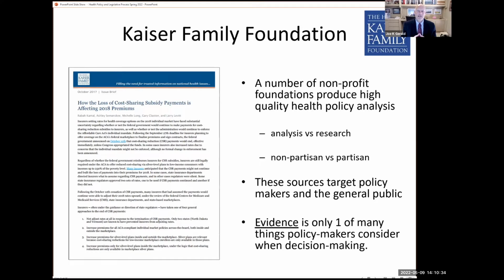And so that is not always self-evident when you just look at a website. If you're putting together something from a professional perspective, it's incumbent upon you to dig deeper and understand what that organization's self-interest might be and how it might bias that organization's work.